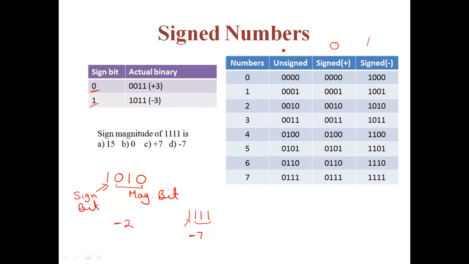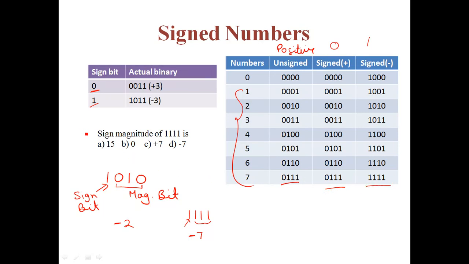Unsigned numbers are always positive numbers. So 1 is 0, 0, 0, 1. Positive sign 0, 0, 0, 1. Negative sign 1, 0, 0, 1. This is how you can convert all these decimal numbers into unsigned, positive sign and negative sign.